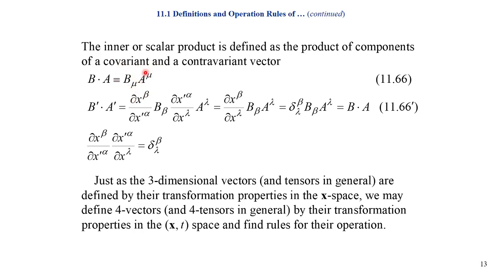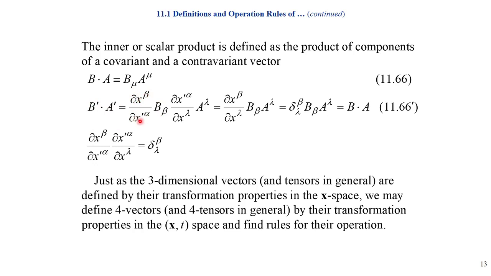B mu A mu. So we have another one, the inner product of two vectors in the unprimed system. If we express the two vectors in the primed system, B prime dot A prime, we get this.